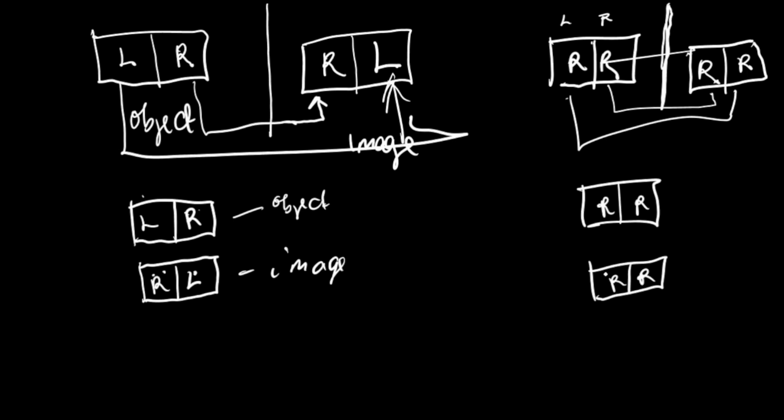So notice that these two can be superimposed. An R would still lay over an R, and an R here would still lay over the R here. So they can be superimposed.